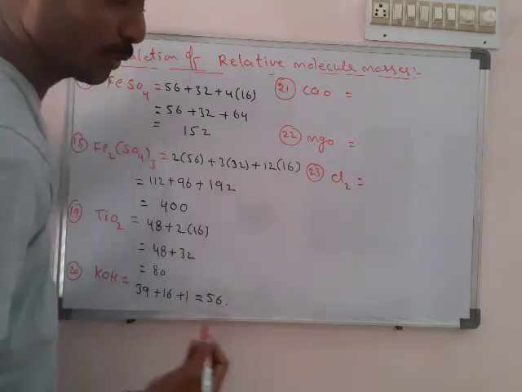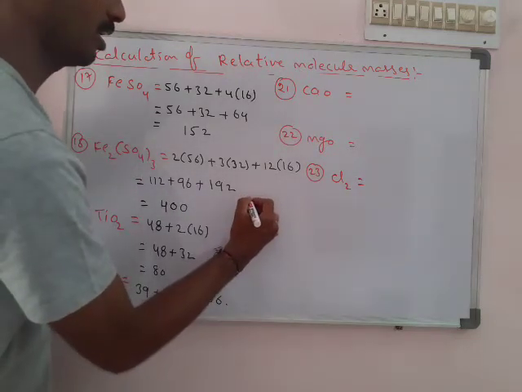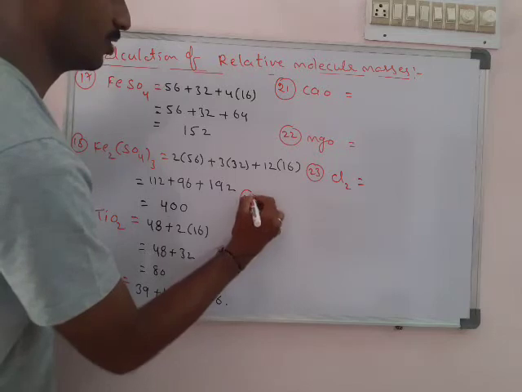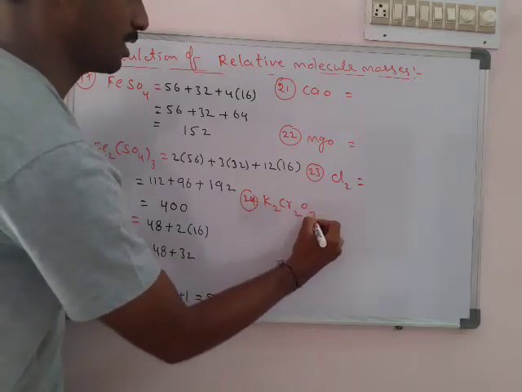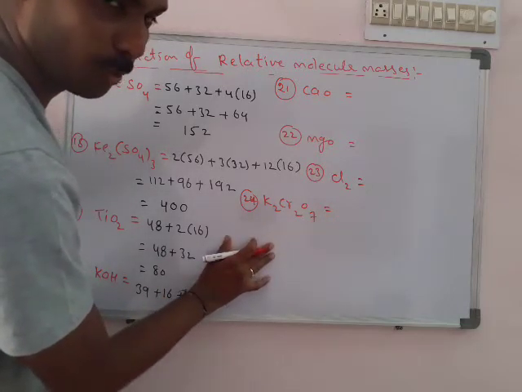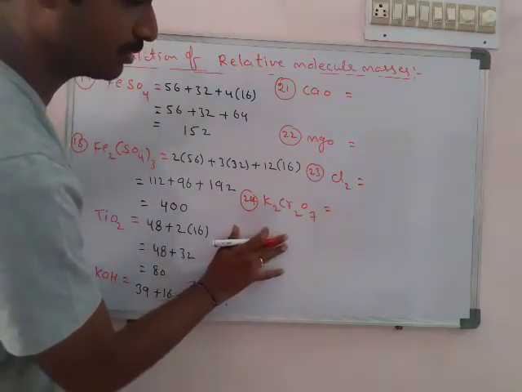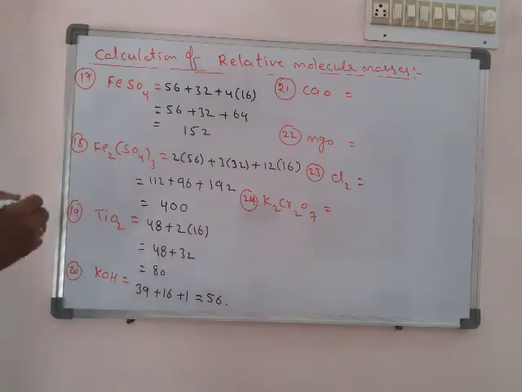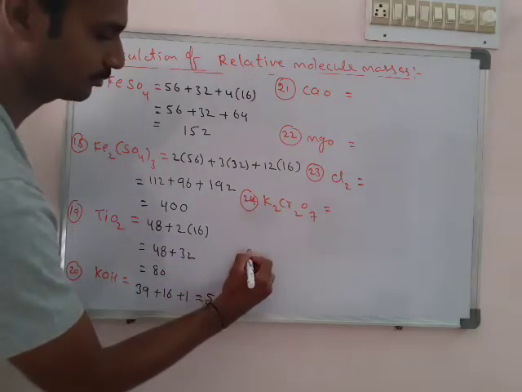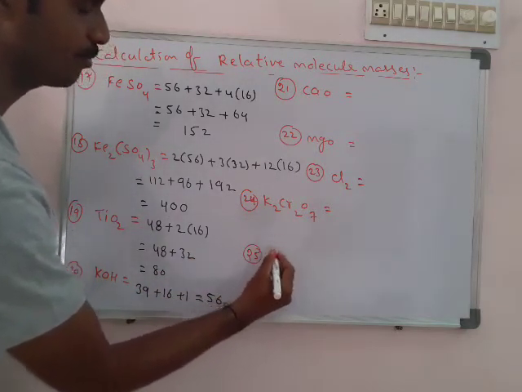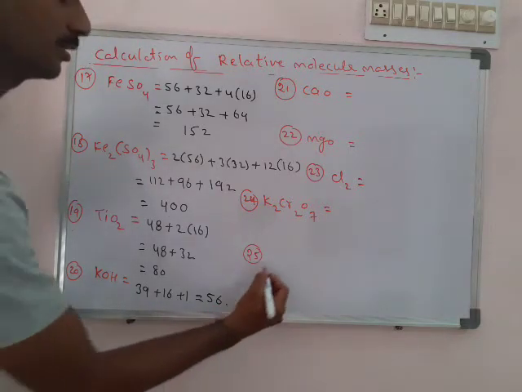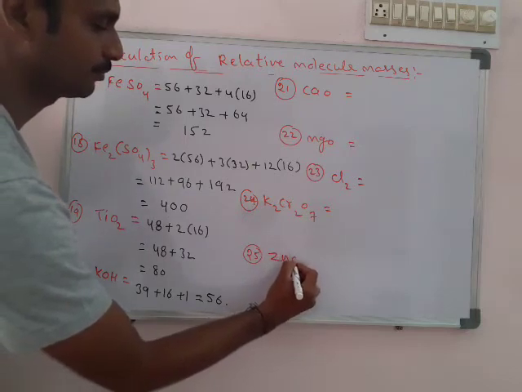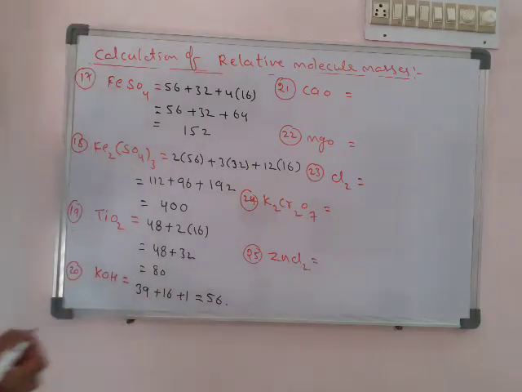It's the chlorine, it is also possible. Okay. Next is a 24. So it is K2Cr2O7, potassium dichromate. You know the name of this? Potassium dichromate. Okay. Next, potassium permanganate, ammonia. Zinc chloride, ZnCl2. Zinc chloride.